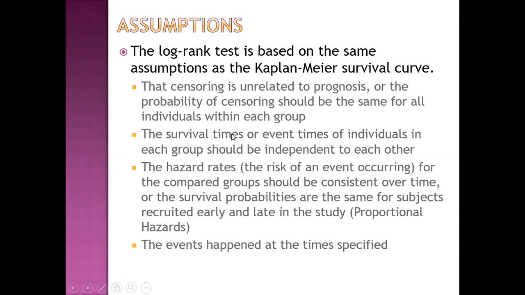The survival times or event times of individuals in each group should be independent of each other. The hazard rate, that is the risk of an event occurring for the compared groups, should be consistent over time, or the survival probabilities are the same for subjects recruited early or late in the study. This concept is known as proportional hazards.